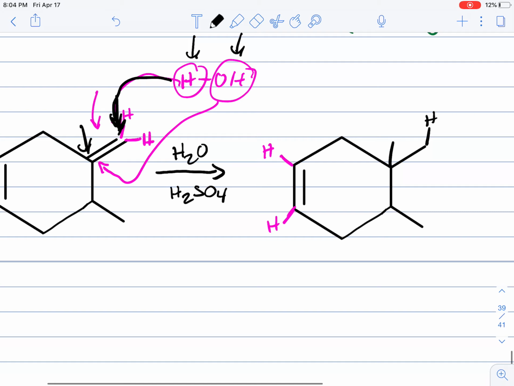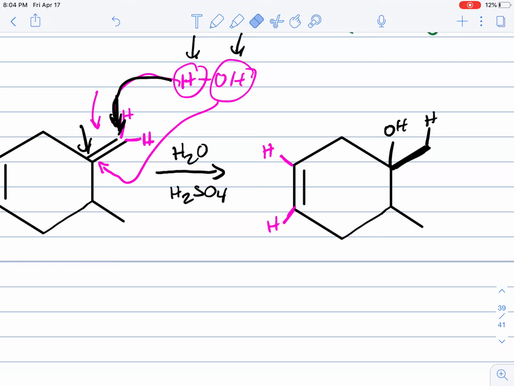And the hydroxyl group is just going to be on the opposite side of where that carbon was, right? So this is where the double bond was located. The left side of that carbon has the least number of hydrogens. And so that's where you're going to attach the hydroxyl group.